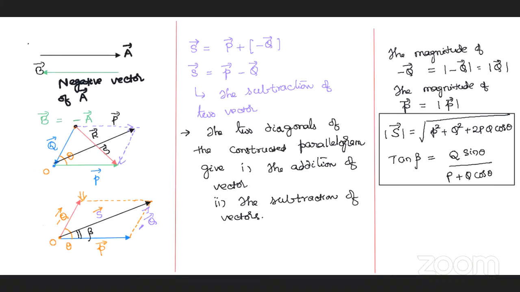Then to avoid the confusion, what I say is, first of all, what you have to identify and recognize in the question: always take the angle between the two vectors when they are originated from the same point.